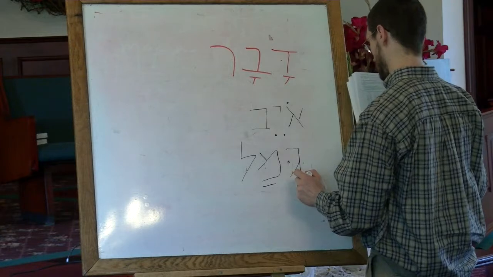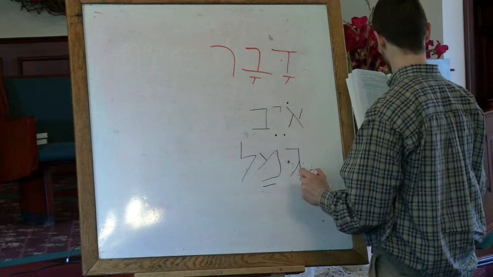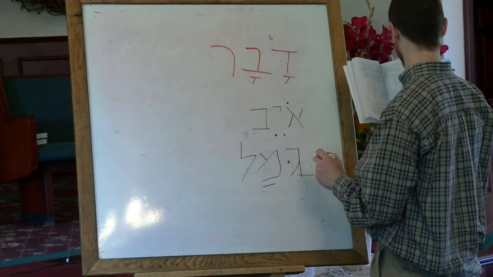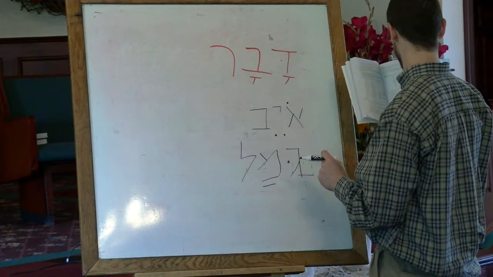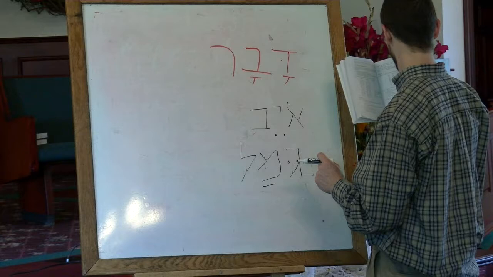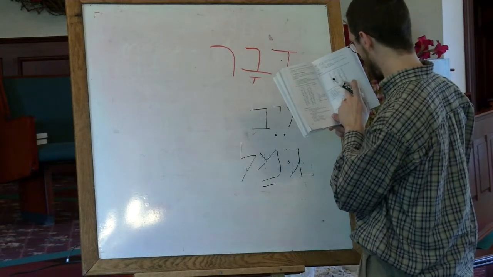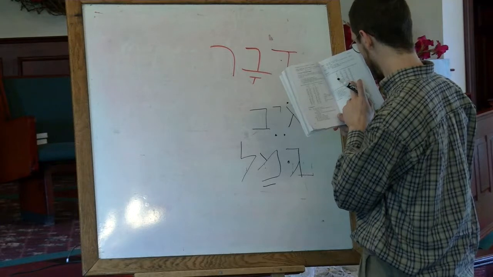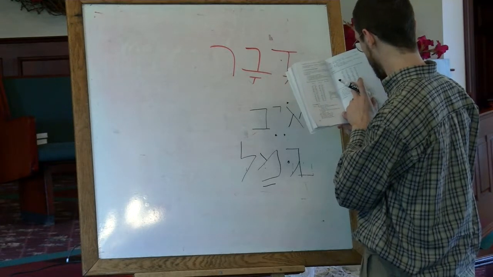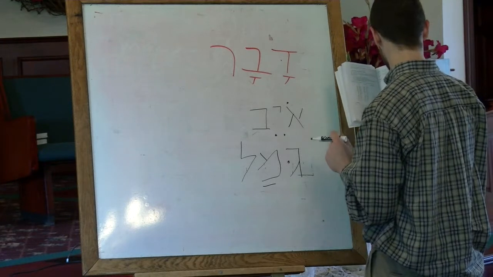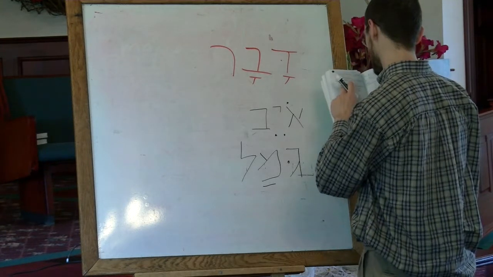And actually, Heath, why don't you also do anan? That's the second column. At the very bottom, you have shulchan. Above that, you have pari, and then above that, you have anan. Anan, the word cloud. After you take care of the camel there, gamal.